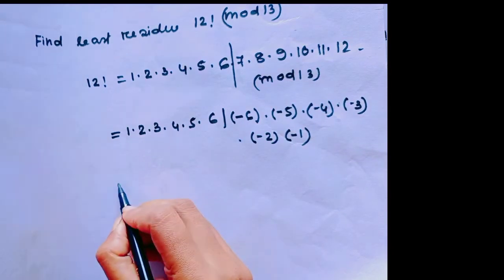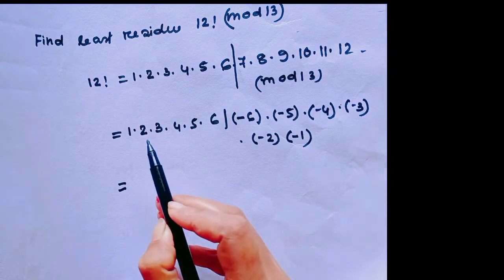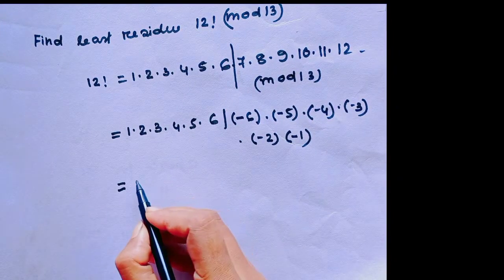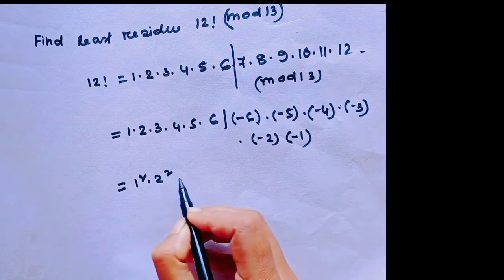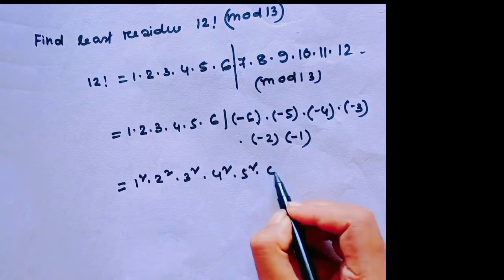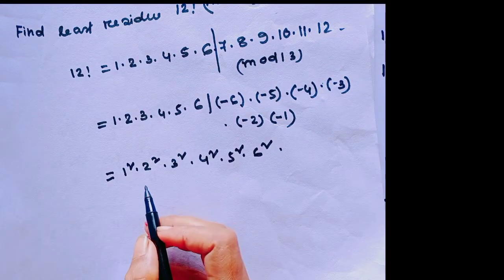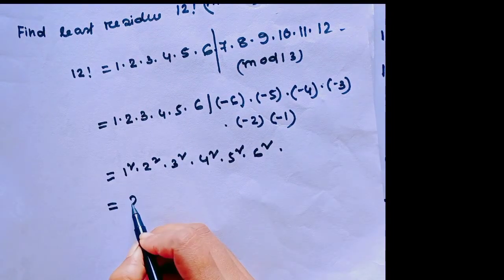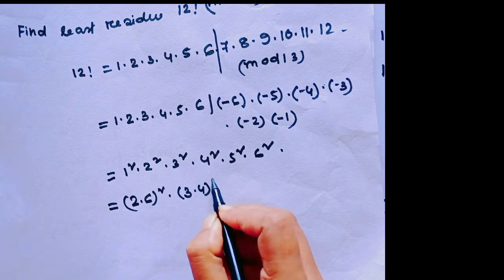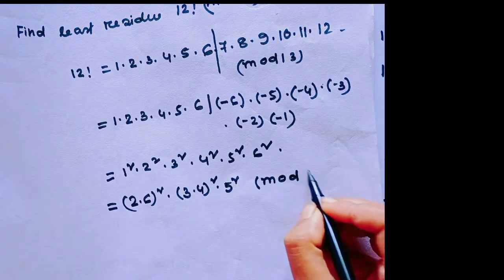This will be equal to 1 times minus 1, which is 1 squared, 2 times minus 2, which is 2 squared. That means 1 squared, 2 squared, 3 squared, 4 squared, 5 squared, 6 squared. We can write it easily as (2·6) whole squared times (3·4) whole squared times 5 squared modulo 13.